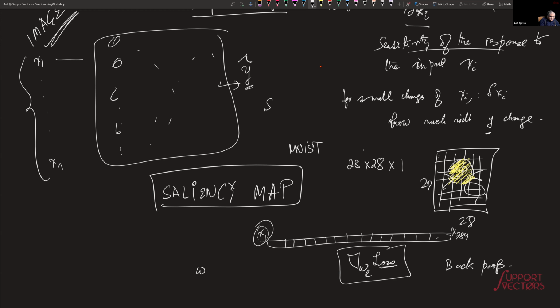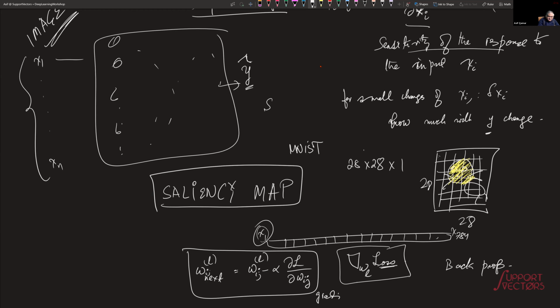The next weight of a given layer L is equal to the previous value of the weight minus alpha times the gradient. Let us say this is the ij-th weight in that particular layer. Let me give it in full glory. Do you remember this is your gradient descent step?